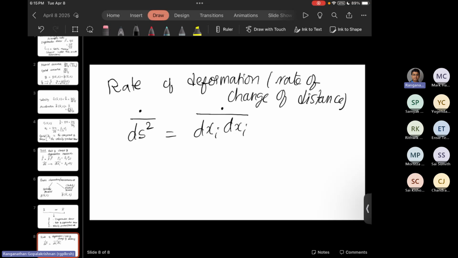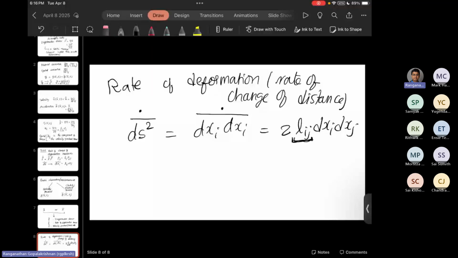So this is equal to 2 Lij dxi dxj. Notice that Lij appears here. F is usually reserved for static measures. We saw the strain tensor, we saw the RU decomposition, VR decomposition. There F appears. But in the case of rates, it'll always be L or F dot. And of course, F dot is related through L to F itself. So this L assumes a very important role in the description of deformation rates.